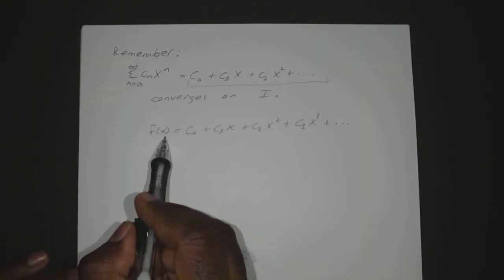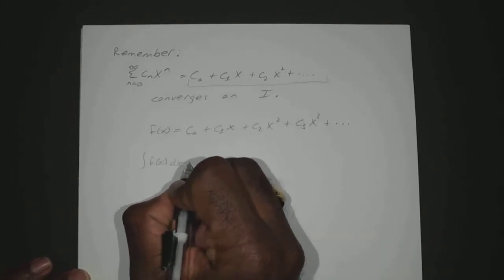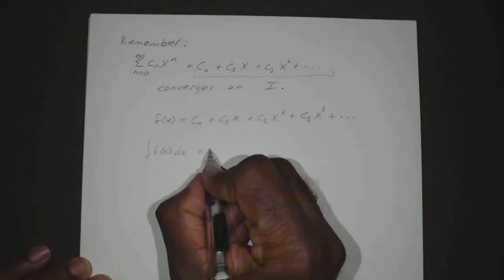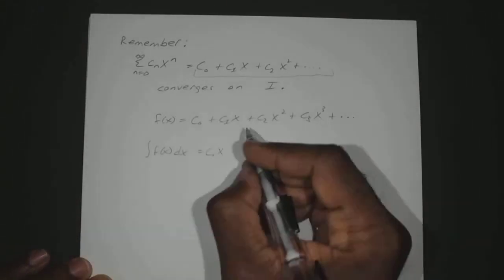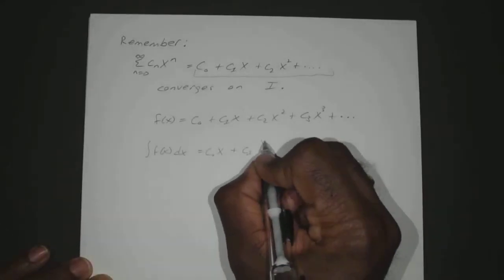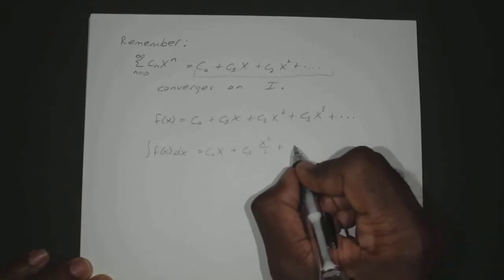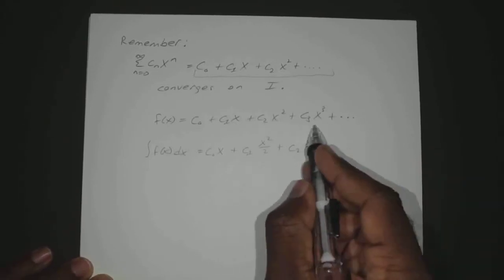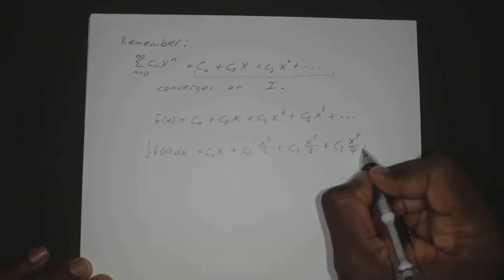Now if we took the integral of each one of those terms, the integral of that lone constant would just become c sub 0 times x, plus c sub 1 times x squared over 2, plus c sub 2 times x to the third over 3, plus c sub 3 times x to the fourth over 4, and so forth.